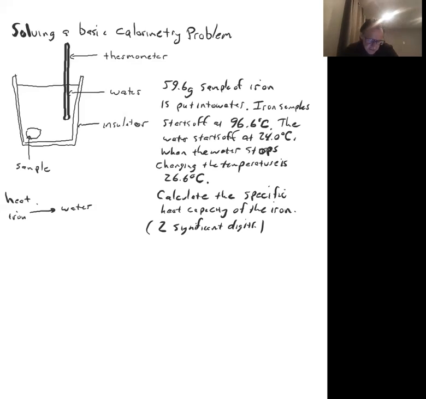So let's take a look at how we go about this. With this one, what we have to do is we have to say the following. There is an equation we use for heat flow. And the equation is Q, heat, is equal to mass times specific heat capacity times the change in temperature, where the change in temperature is T2 minus T1.